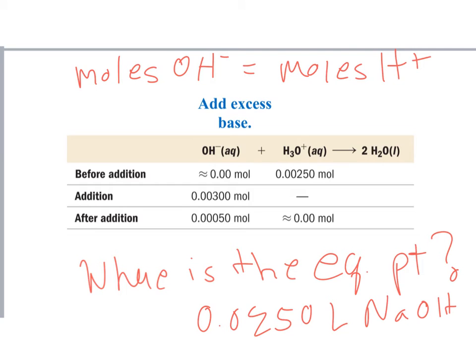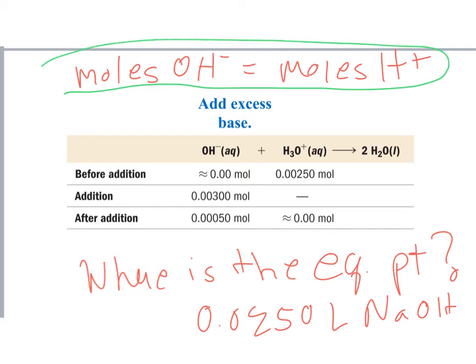Okay, at this point, before we talk about excess base, let's talk about where is the equivalence point, right? What is the equivalence point? Well, the equivalence point is where the moles of OH minus equal the moles of H plus. So we can do a quick calculation. We know the starting moles of H3O plus.